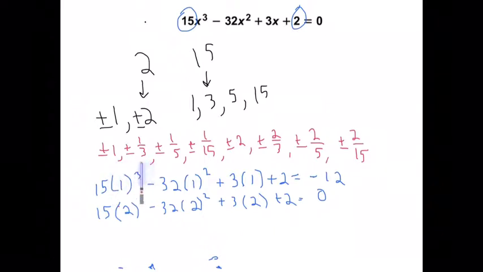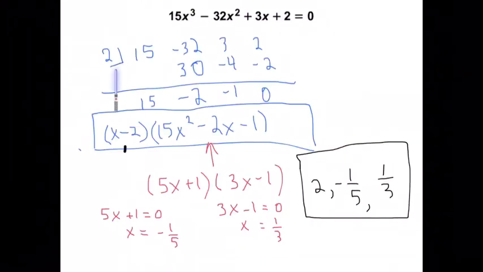And the way you know something is a root is if it equals 0 when you insert it back into the equation. Here 1 is plugged in, but it equals -12, so it's not a root. But when you plug in 2, it does equal 0, so you know that that is one of the roots.